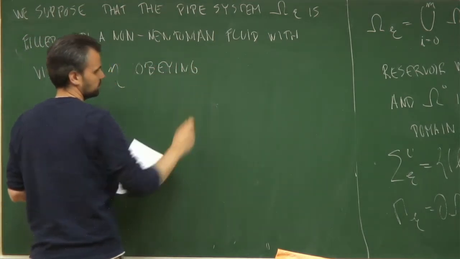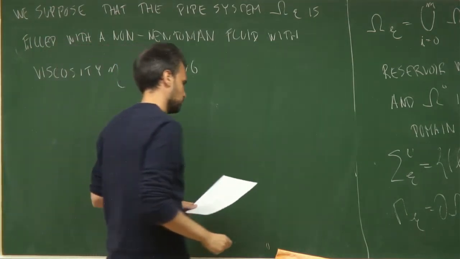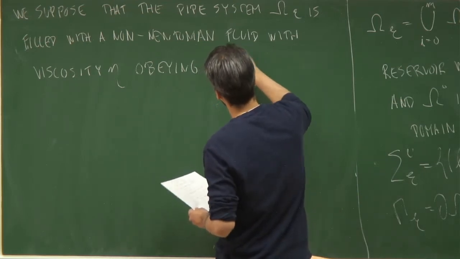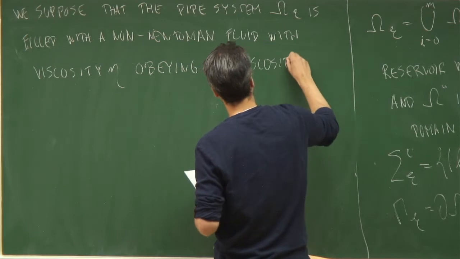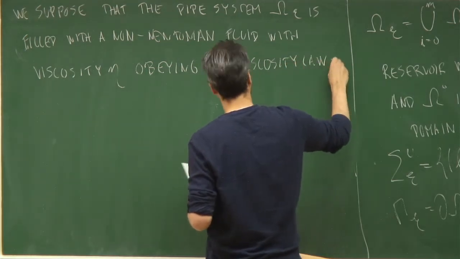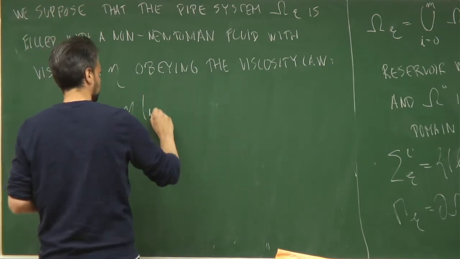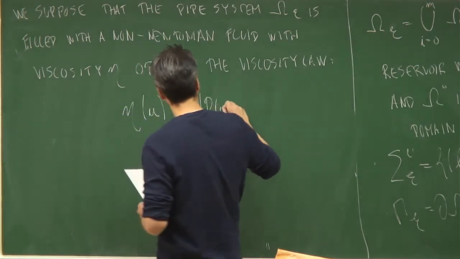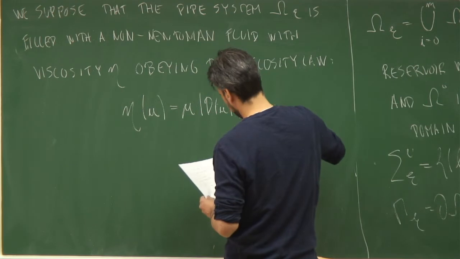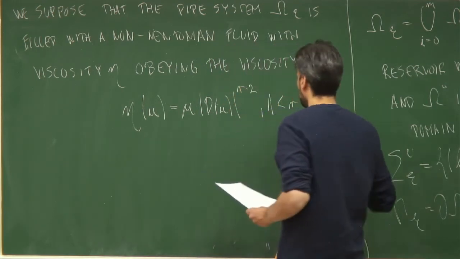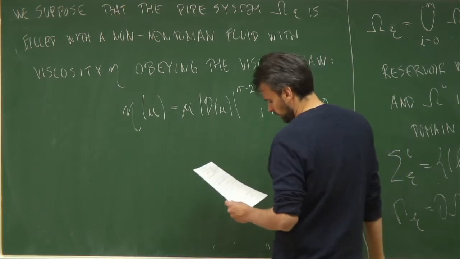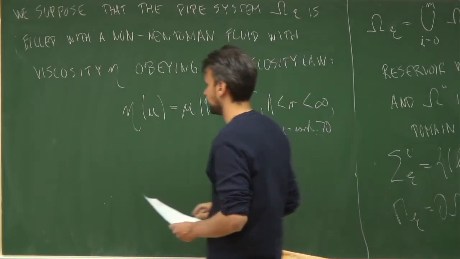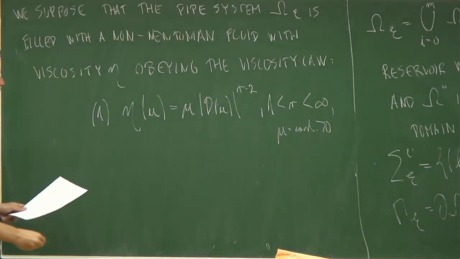A class of fluids are quite well modeled by this. Probably Jean knows a lot more than me. So you consider the viscosity law this way: eta of u is mu |Du|^(r-2), where r goes from 1 to infinity, and mu is a constant bigger than 0. You can denote this by 1.